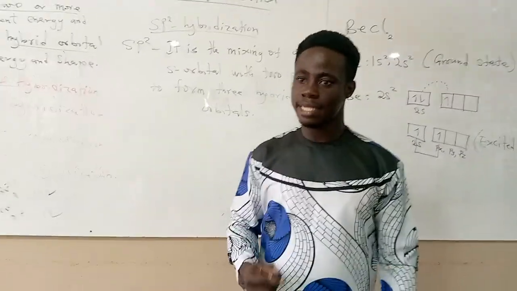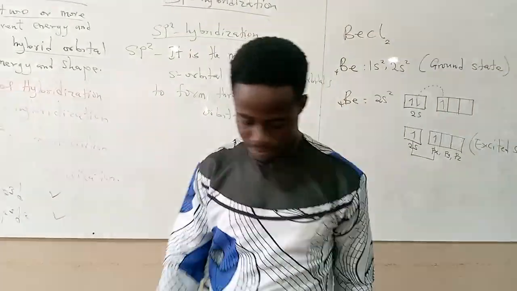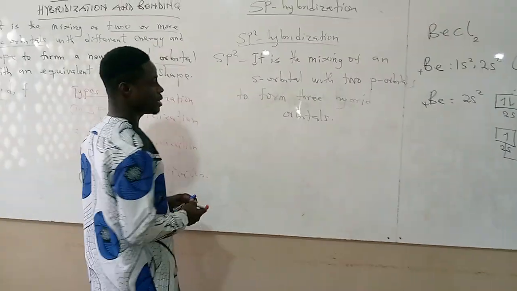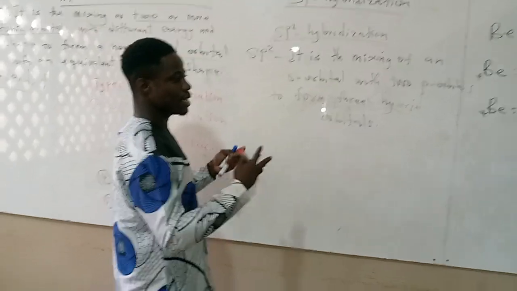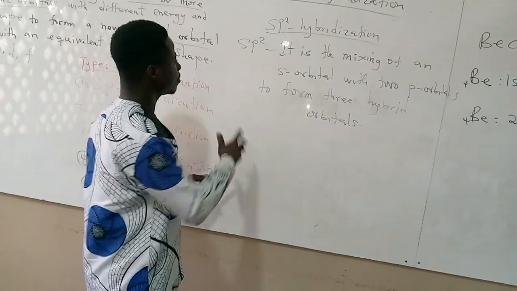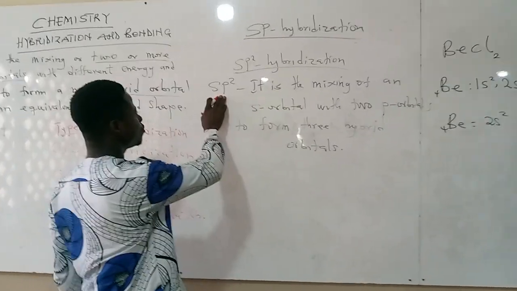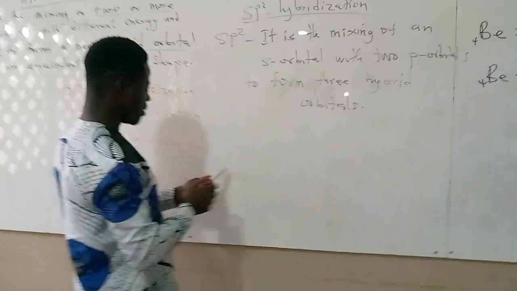The answer is that it forms three hybrid orbitals. Very simple. Now, we would like to know the bond angle and the shape. But before we do that, let's look at how this is mixed.